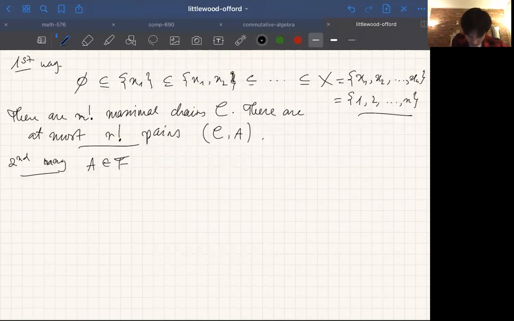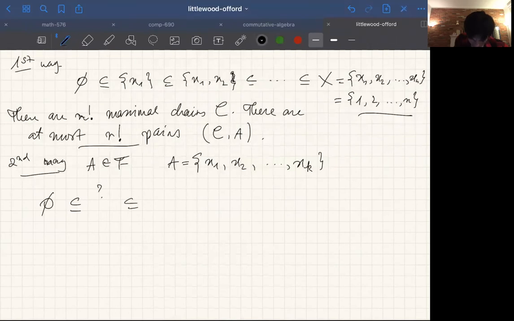We don't know what they are, but we'll call them x1, x2 through xk. The chain starts with the empty set, then we have something, then something else, and it goes on until we have A, which is equal to {x1, x2, ..., xk}.